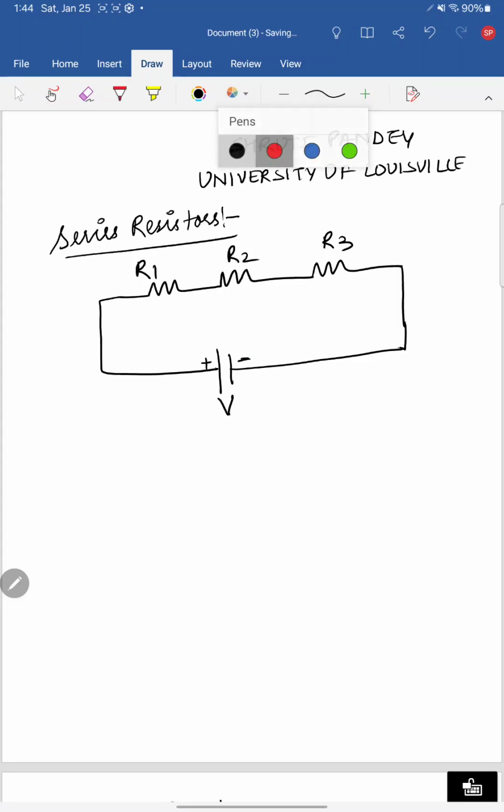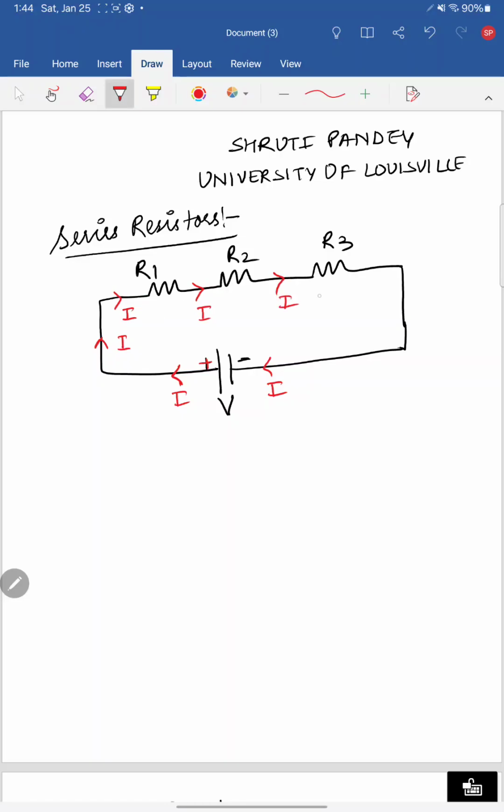I told you before that current always travels from the positive terminal of the battery towards the negative terminal. So this current I will flow from here to here. The same current will flow in R1, in R2, in R3, and then it follows the same path and comes back to the negative terminal of the battery, right?